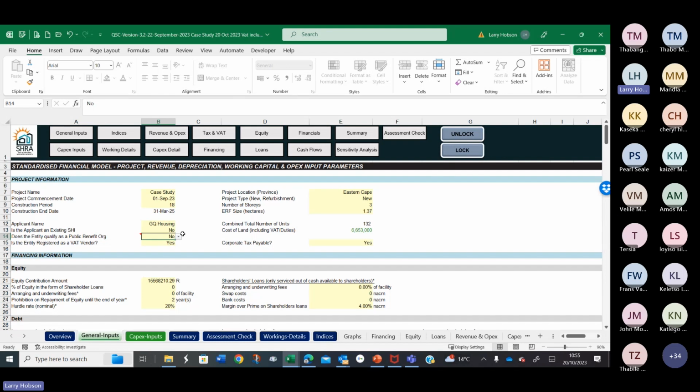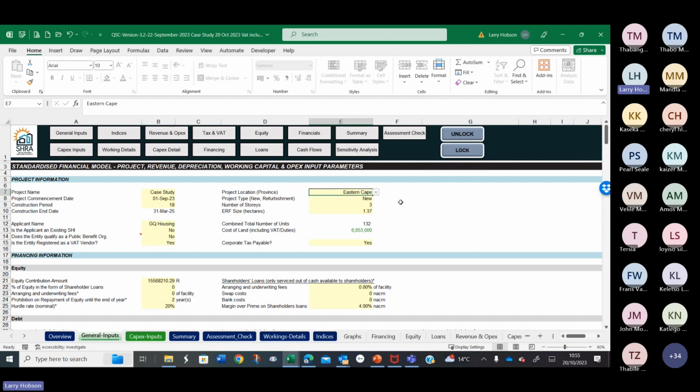We've said no. Is it a VAT vendor? We've brought the VAT complexity in. We've said it is a VAT vendor. We're assuming it's an ODA VAT vendor, because we're assuming that most of the people listening are ODAs, or certainly if you're in SHI, it would be useful to know the VAT option.